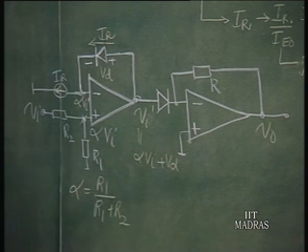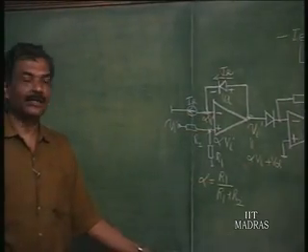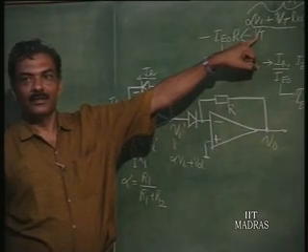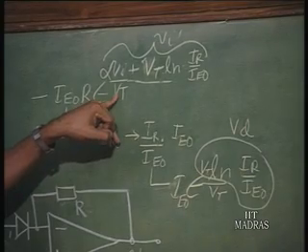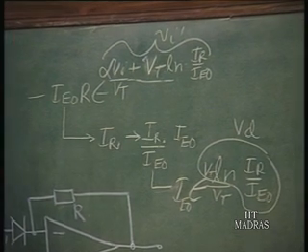So, we have an alpha also coming into the picture. That is to take care of the Vt variation with respect to temperature. So, Vt by alpha becomes independent of temperature over the range you desire.